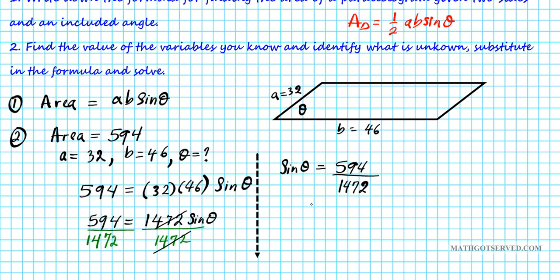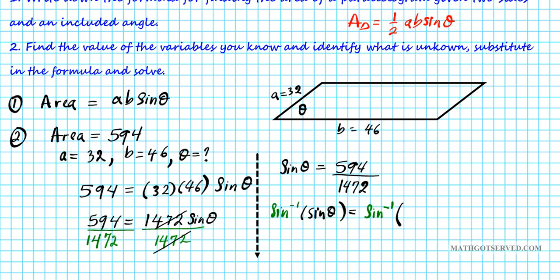Now the next thing I'm going to do is get rid of the sine. Now, how do I get rid of the sine so I can have theta isolated? We simply take the inverse sine. Okay, so the inverse sine is the inverse of the sine function. That is the only way you can get rid of the sine function, by using the inverse sine.